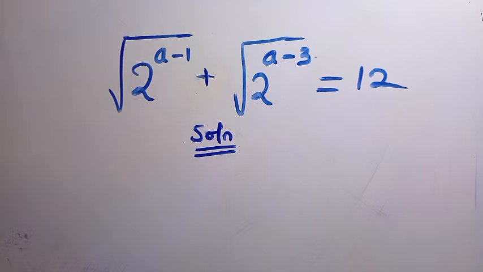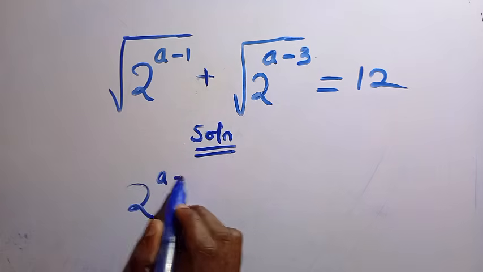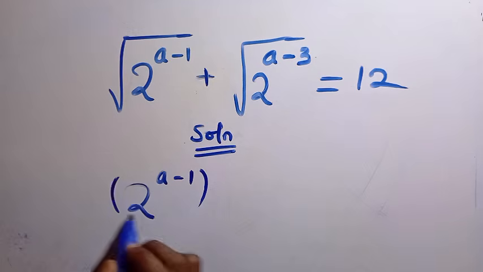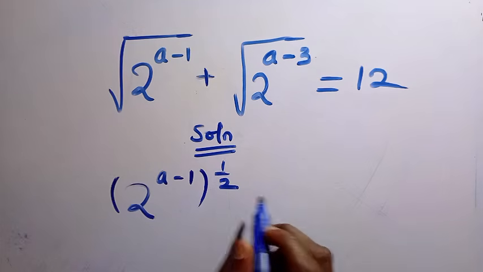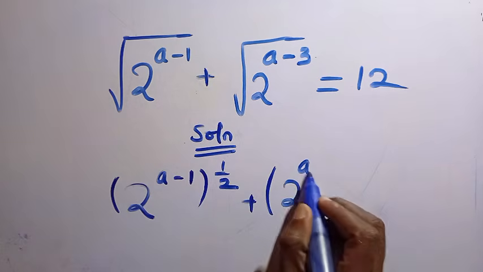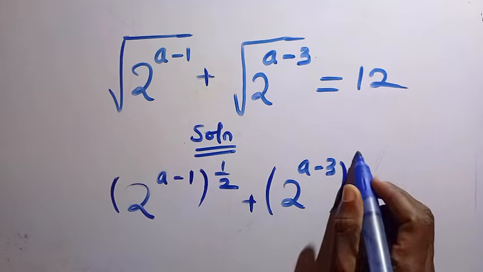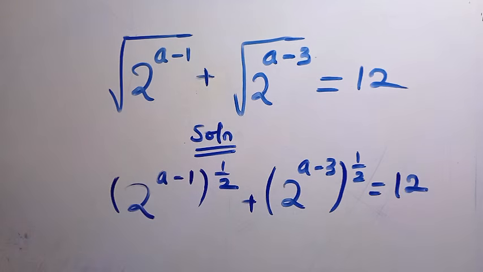First thing we are going to do is change the roots into half. So we have 2 power of a minus 1, raised by 1 over 2, which is still the square root. Then plus open bracket 2 power of a minus 3 raised to power of 1 over 2 equals 12.